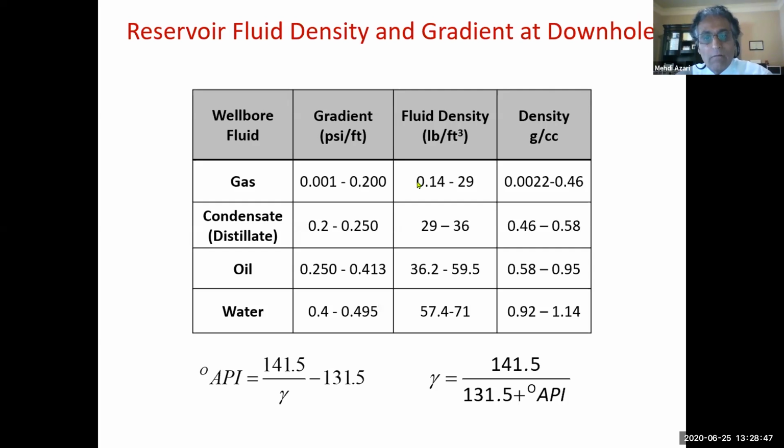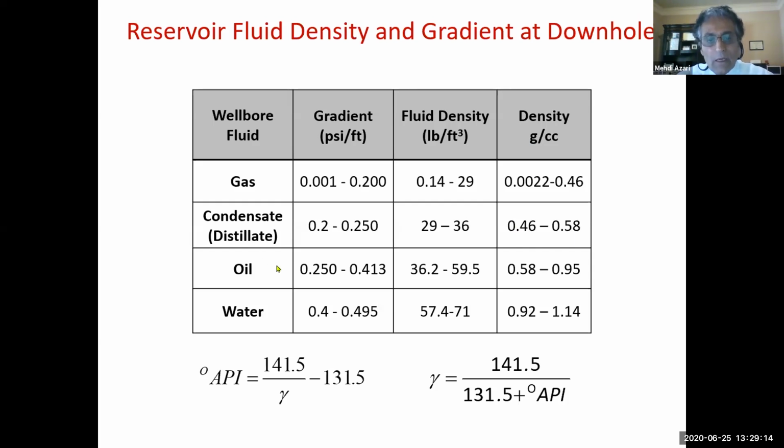The fluid density of that one is 0.14 to 29 pounds per cubic foot. In gram per cc it's going to be this low, up to 0.46. For a condensate, the gradient would be 0.2 to 0.25, and the fluid density is going to be 29 to 36, and in terms of gram per cc, 0.46, 0.48.